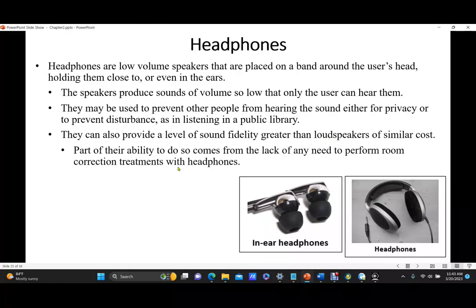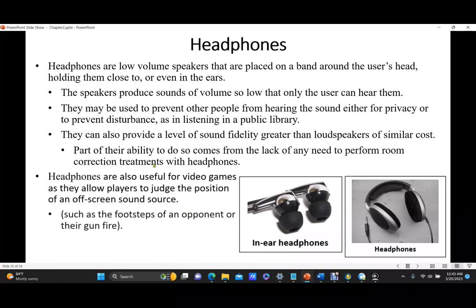Headphones can generally produce sounds of higher fidelity than do speakers. Part of the reason is that they don't have to correct for room conditions. They're directly into the ears. They're useful for video games.